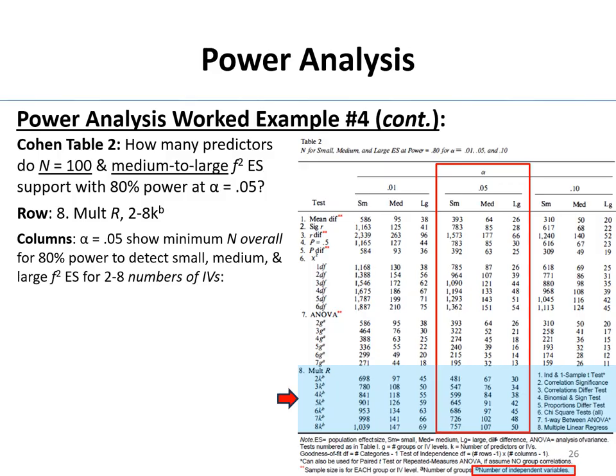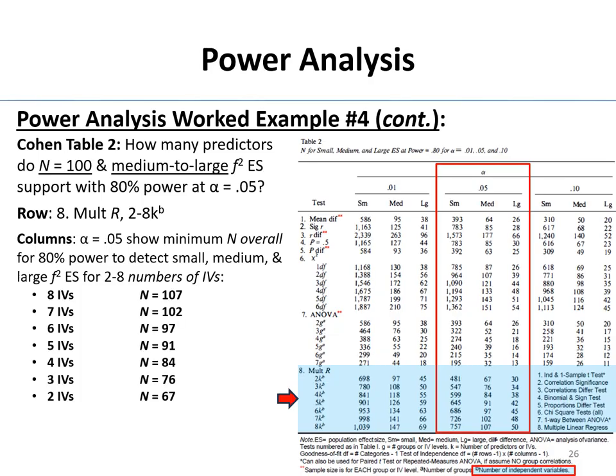There are those rows. So again, K stands for the number of independent variables or predictors in the model. And we want to know how many predictors we can support with this sample size and effect size. So there's all the numbers.